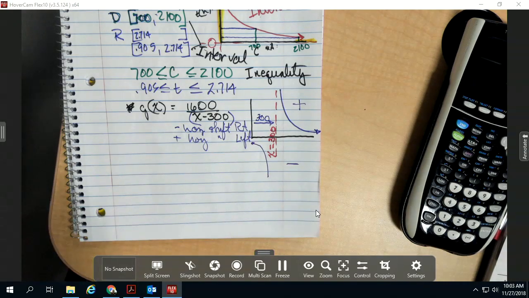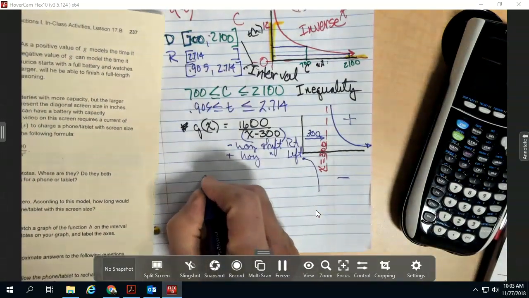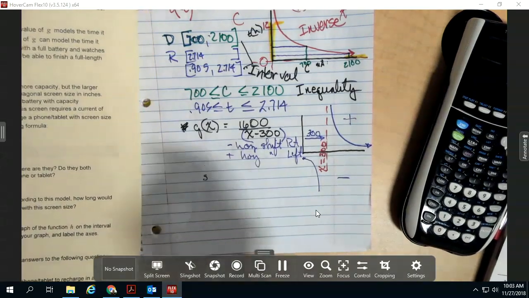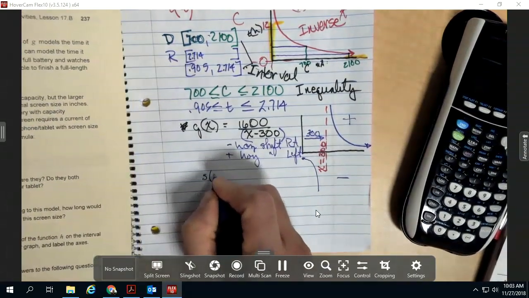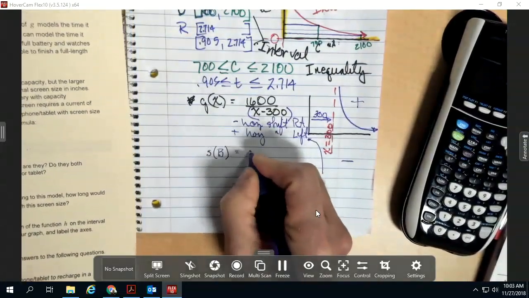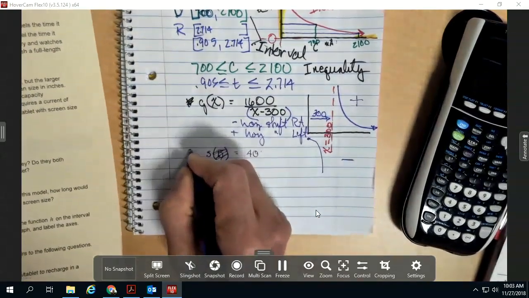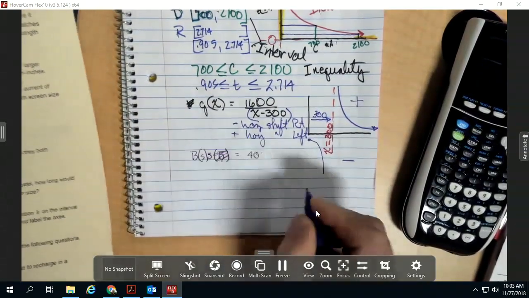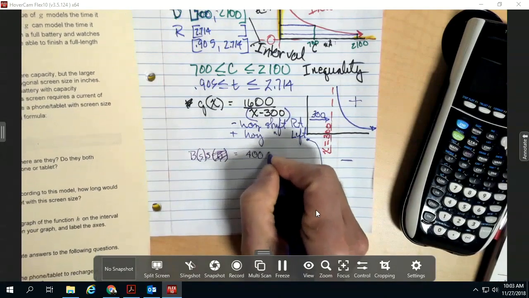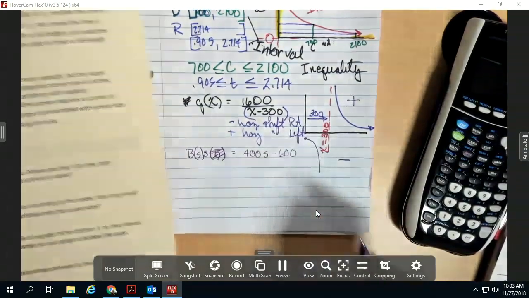So we've got one function that says, the battery as a function of the screen size is 400 times the screen size in inches minus 600.